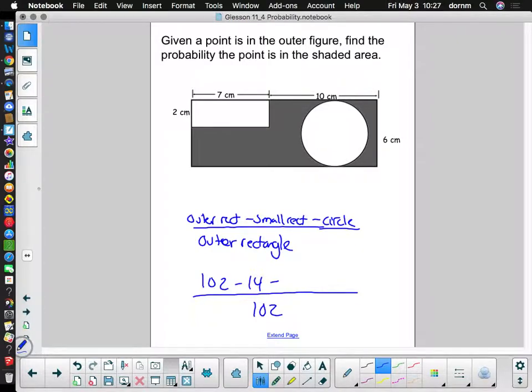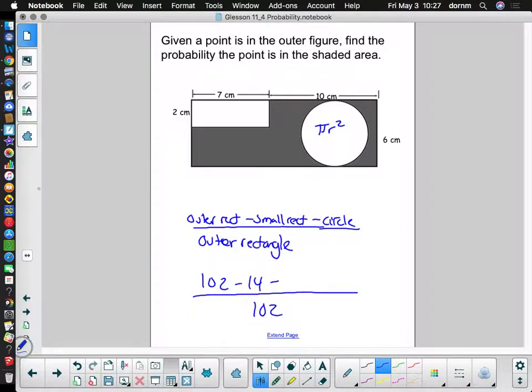17 times 6? What's 180? Oh, that's 180 degrees, 360 degrees. But I want the area. What's the formula for the area of a circle? Area of a circle is pi r squared.